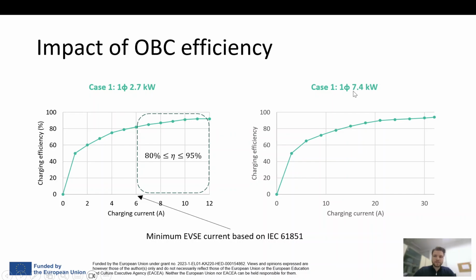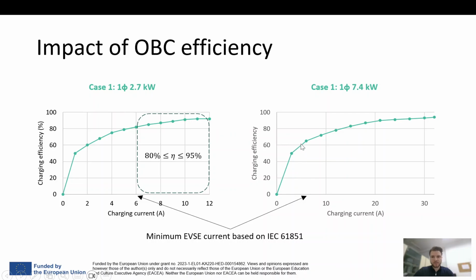However, what happens if we have a single phase 7.4 kilowatt electric vehicle charger? Well, in this graph, we see that the minimum current that can be drawn, this 6 ampere current, is somewhere around here. And if we map it in this characteristic, we can see that the efficiency is around 60%.